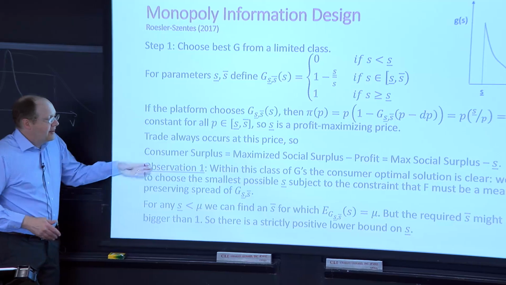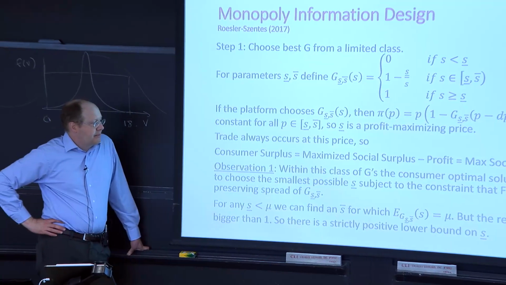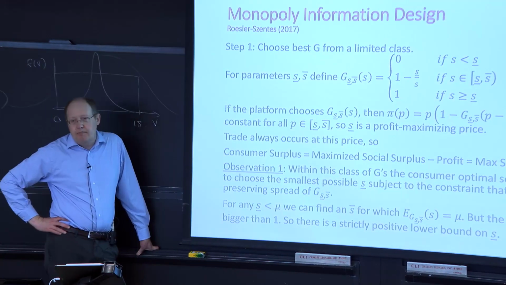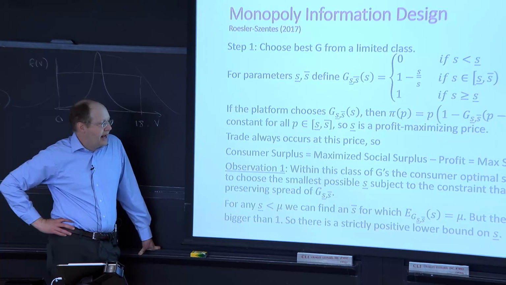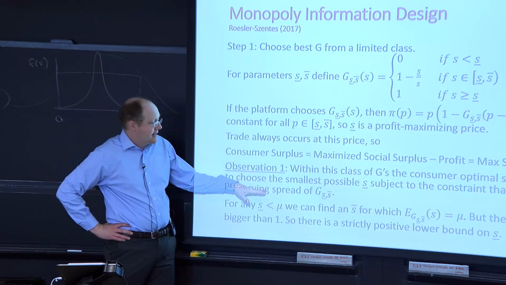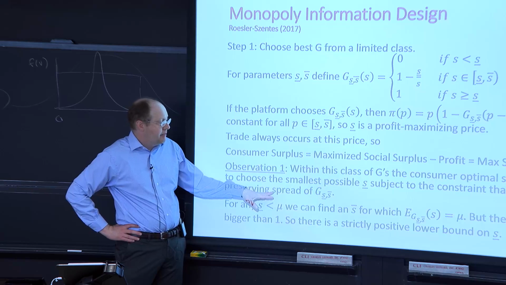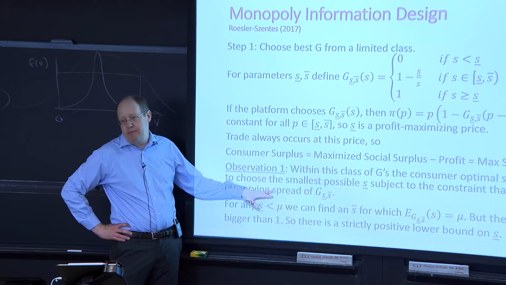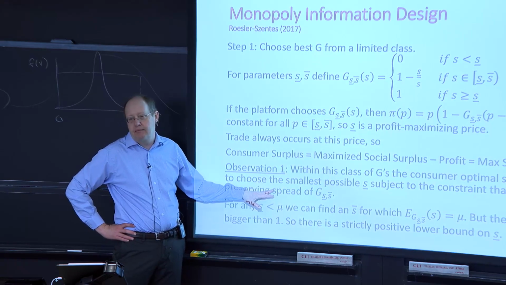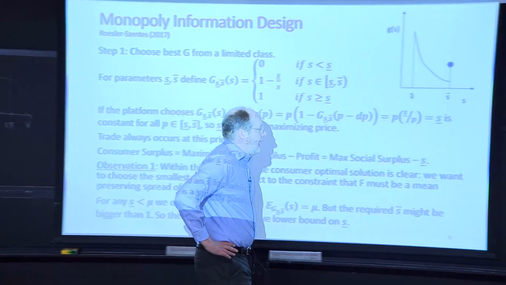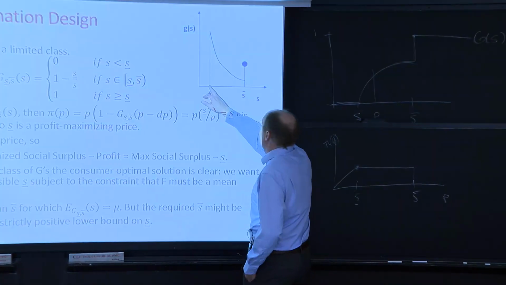So within this class of G's, the consumer surplus optimal solution is clear. What I want to do is pick the smallest S lower bar that I can, subject to the constraint that G has to have mean mu, and F has to be a mean preserving spread of G. How low can I go and still do that?